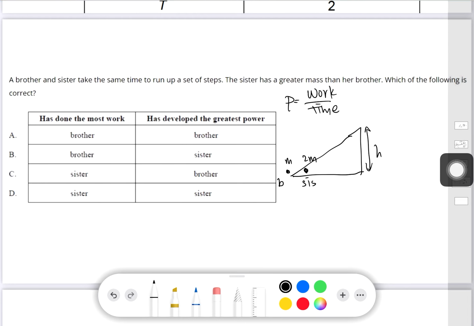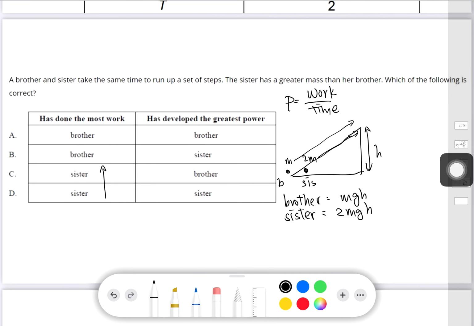So by moving up the stairs, they do the same amount of work. No, actually they don't. My bad. For the brother, the amount of work that he does is mgh. For the sister, the amount of work that she does would be 2mgh, because gravitational potential energy equals mass times gravitational constant times height, and because the sister has double the mass, she does more work.